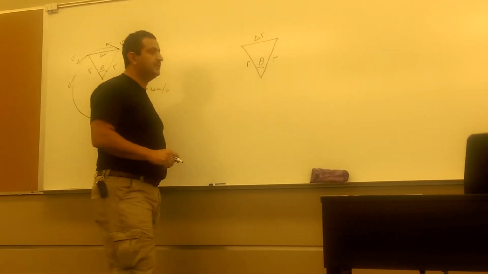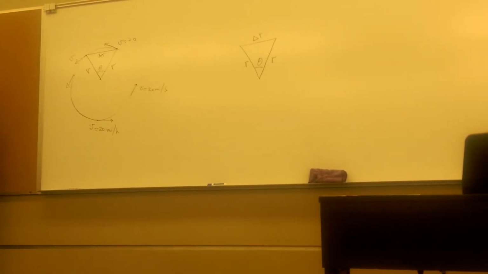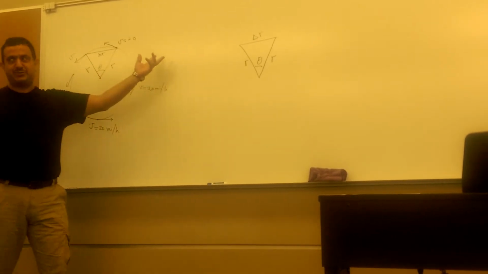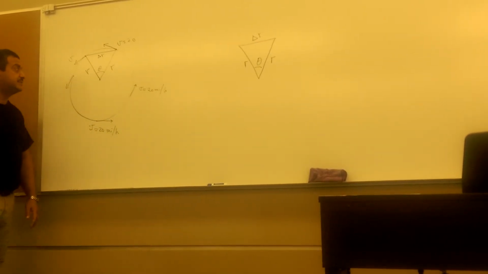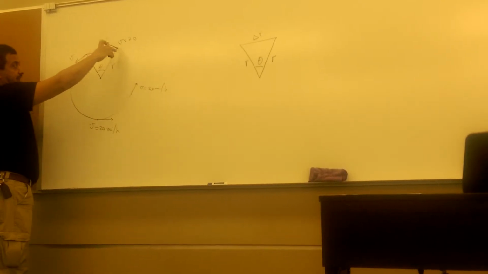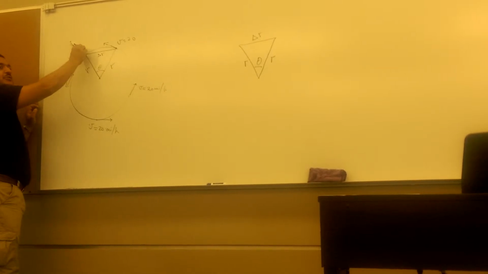What do we call a triangle that has two equal sides? Is it equilateral? No. That's when all of them are equal. Yes, isosceles, meaning it has two equal sides. Now, if I take this vector v, which is this magnitude, and I just shift it to here, can I do that?